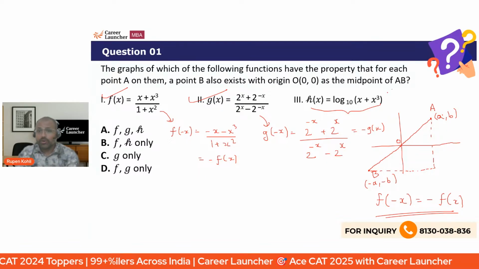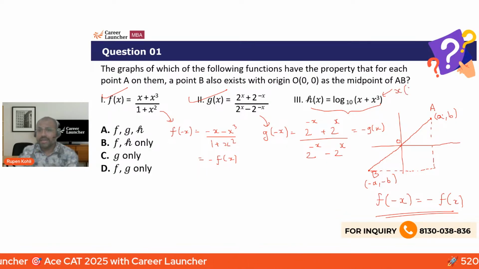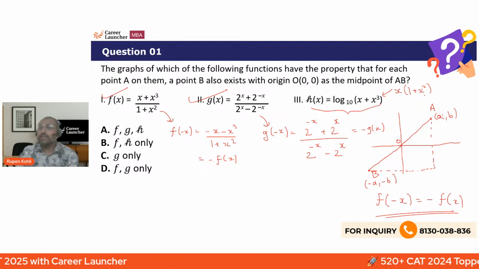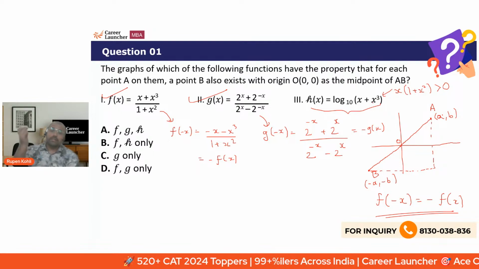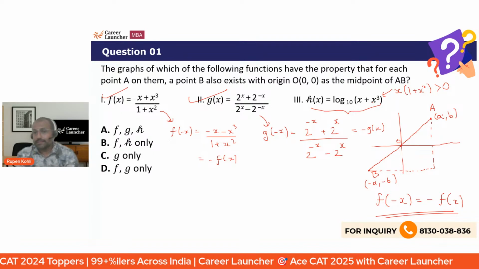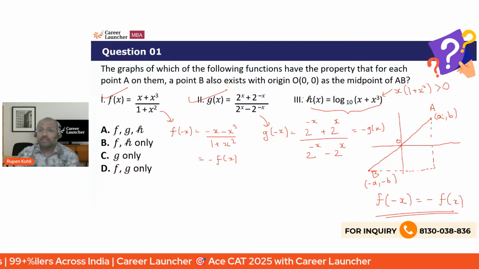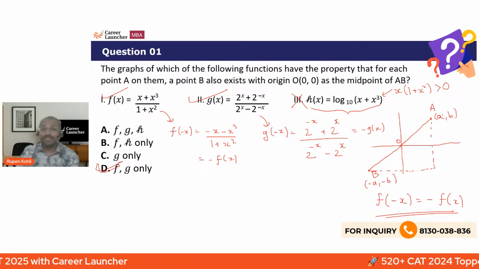But the domain of this function itself is that x should be positive, because you see we have x plus x cube, which is x into 1 plus x square. That is the input. So x into 1 plus x square should be positive, which means x should be positive. So since the domain of this function itself is restricted to positive values of x, hence this will never be odd. Hence, only the functions f and g are satisfying this condition.